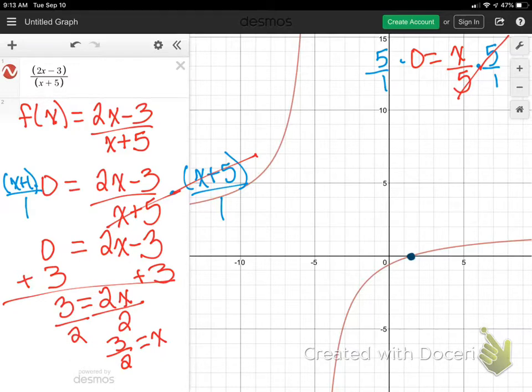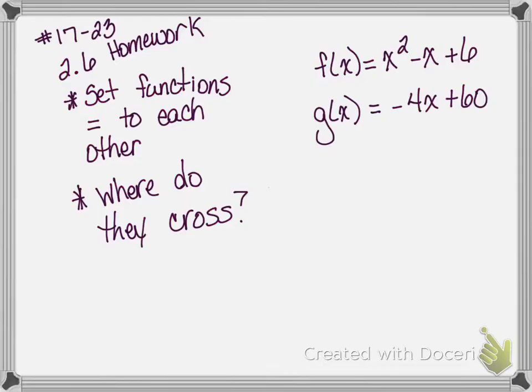So I do have one more thing I want us to do before we go. Could I move off the screen? Okay. Now, on 2.6, numbers 17 through 23, and you're only doing the odd. The directions say, what are the values of x when f of x is set equal to g of x?